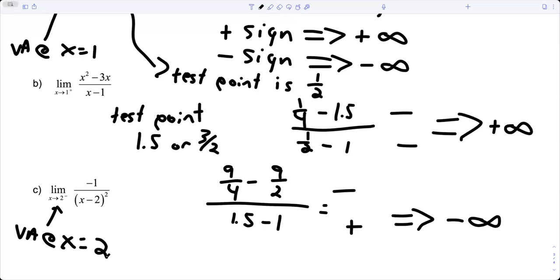It's squared, therefore it has to be positive. So this is always going to be positive. And what about the numerator? It's always -1, therefore this is always negative. I've got a negative divided by a positive. So therefore the value of this is negative infinity.